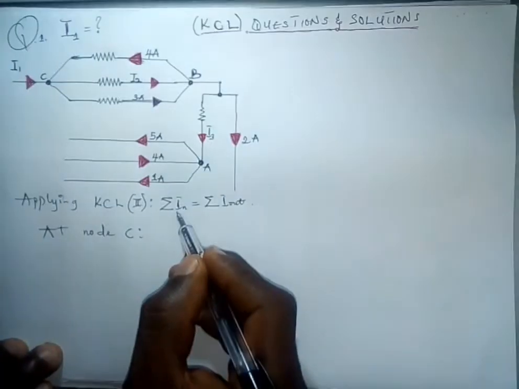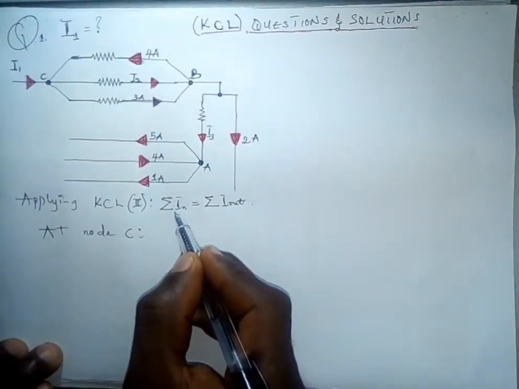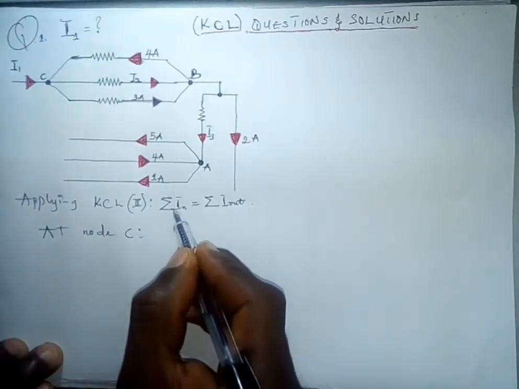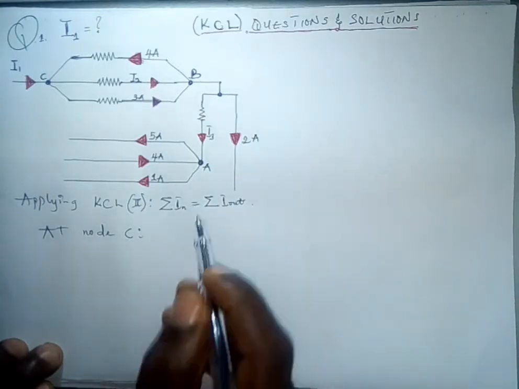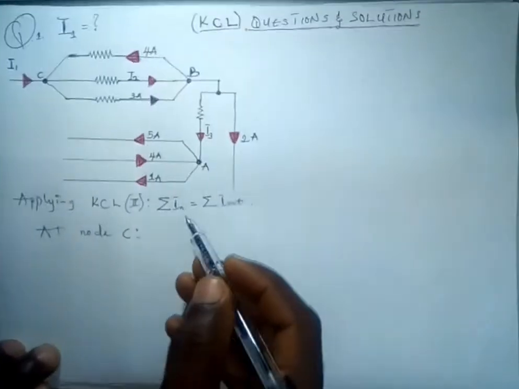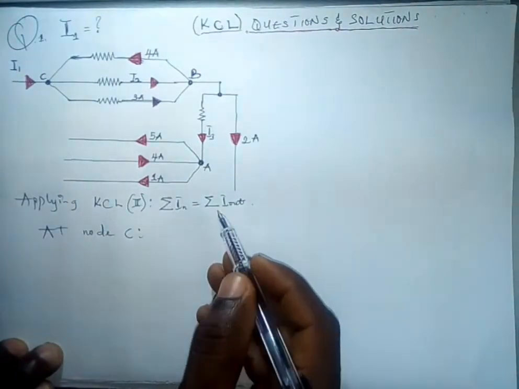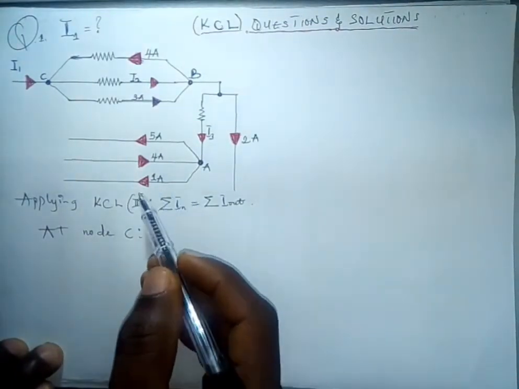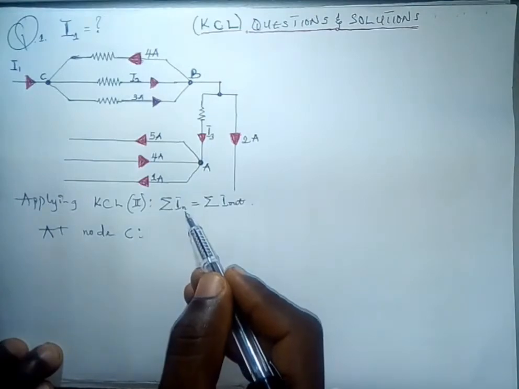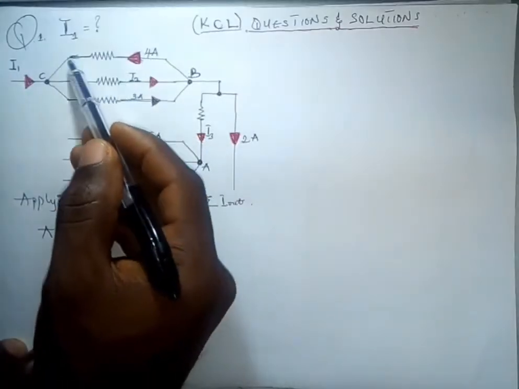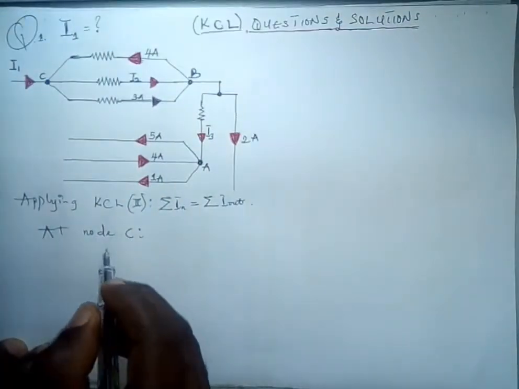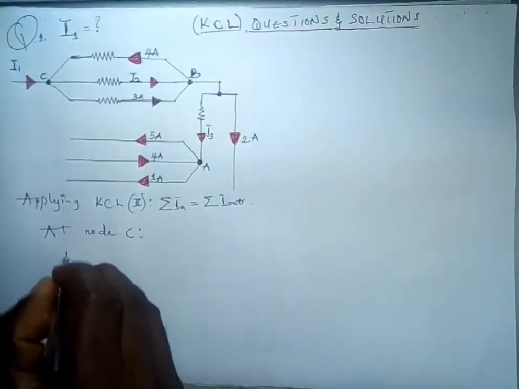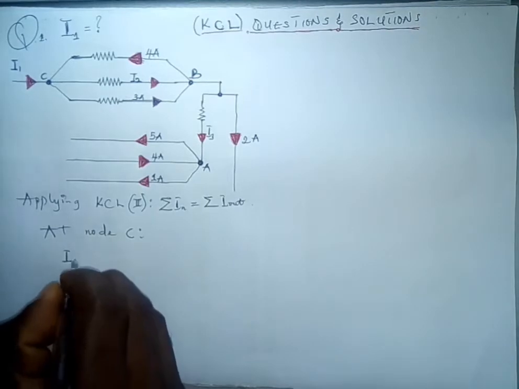Let's not forget the equation we are using. That's why we said we should look for the right equation, and this is the right equation we are picking now. We are looking for the current that enters. If you look at it, this current enters the node while these two are leaving the node. So what happens at C? I1 enters the node.